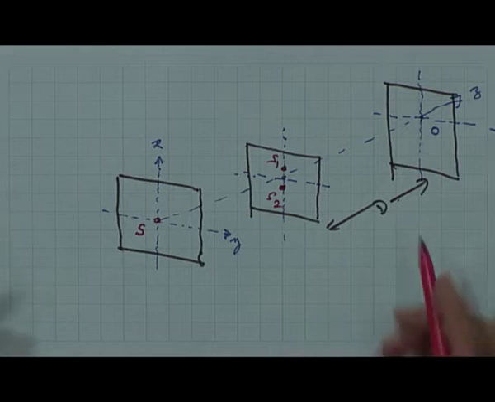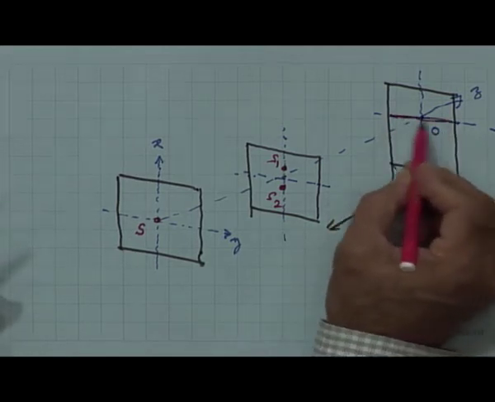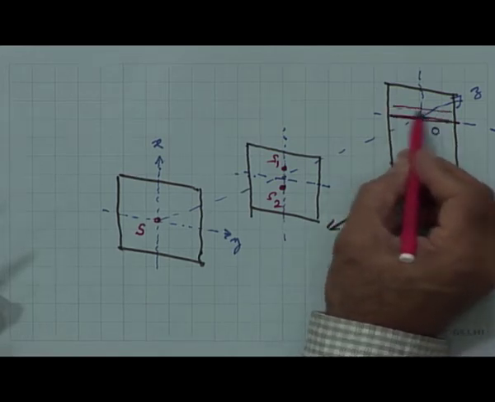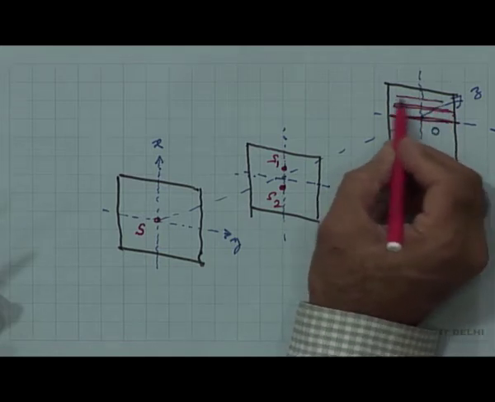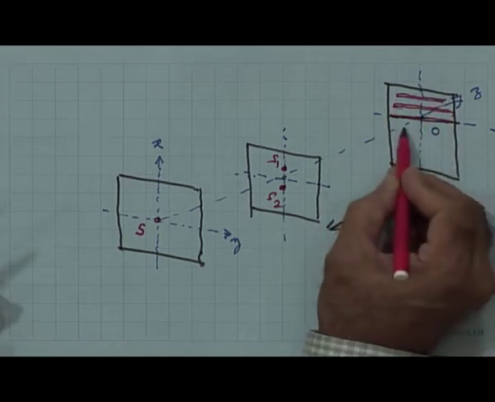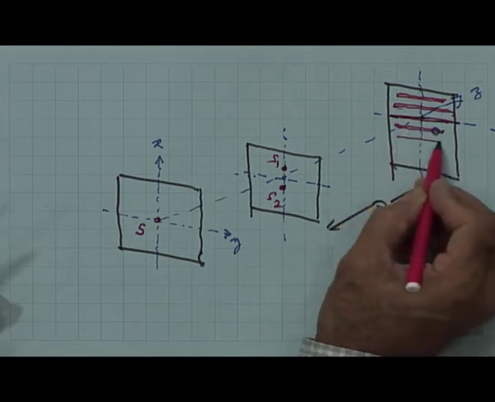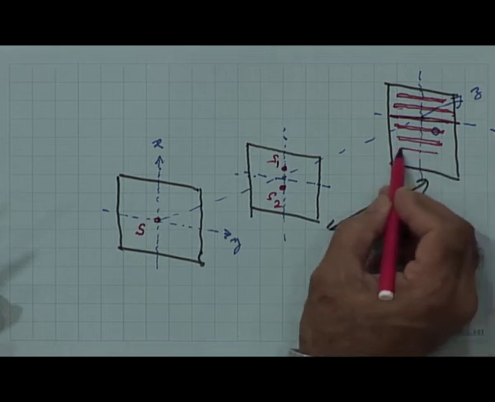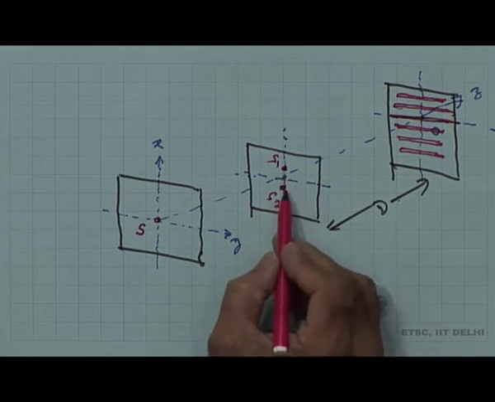We had seen that this gives us a bright fringe here, and then we have fringes which are parallel to the y axis. Fringes are formed parallel to the y axis because of the two sources.